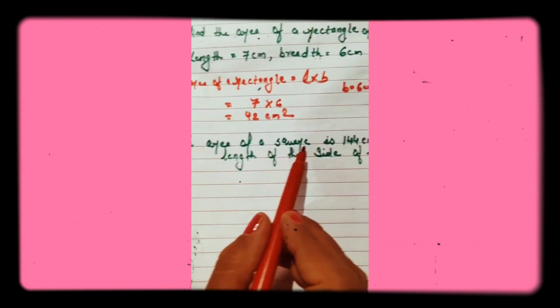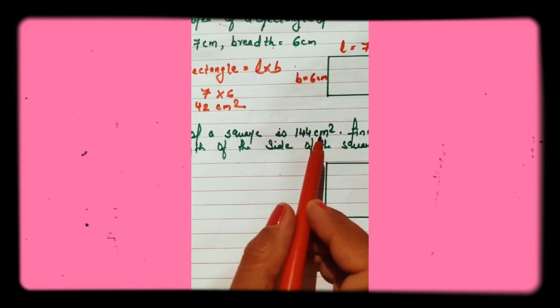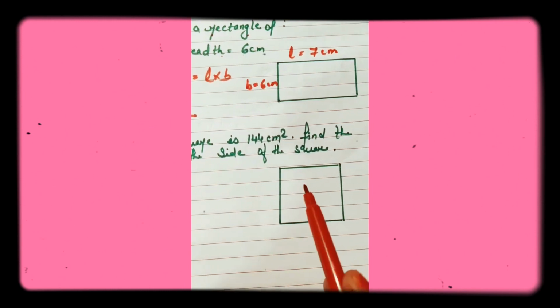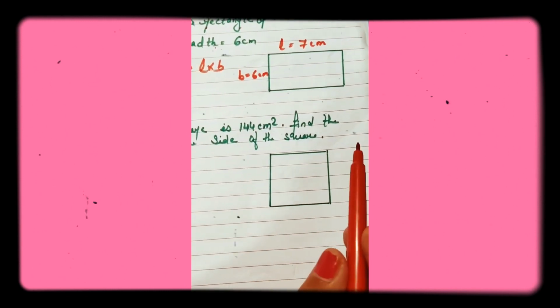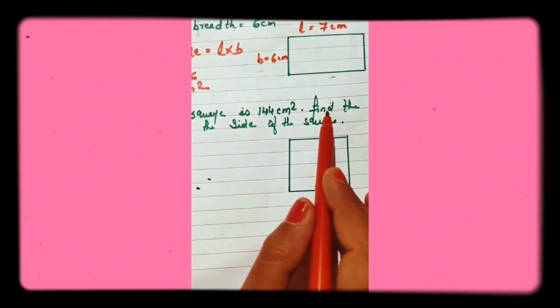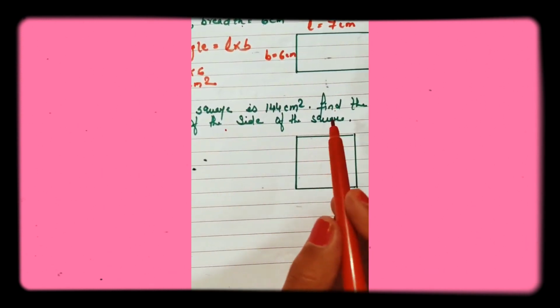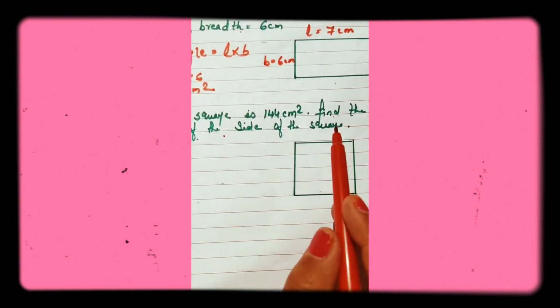Now question number 3. Question number 3 is given. The area of a square is 144 centimeter square. This area of square is given 144 centimeter square. We have to find the length of the side of the square, means one side we have to find.